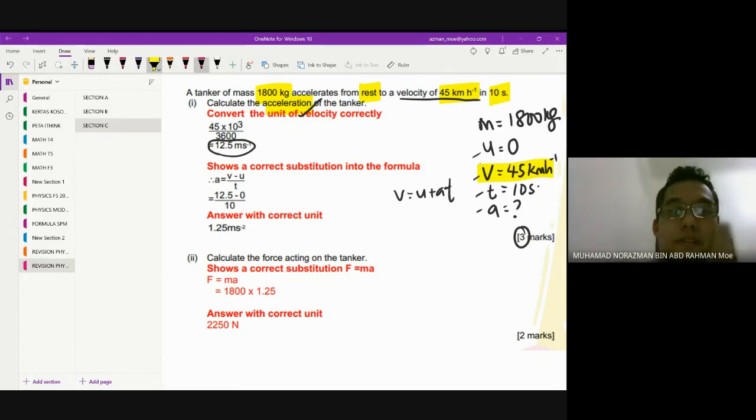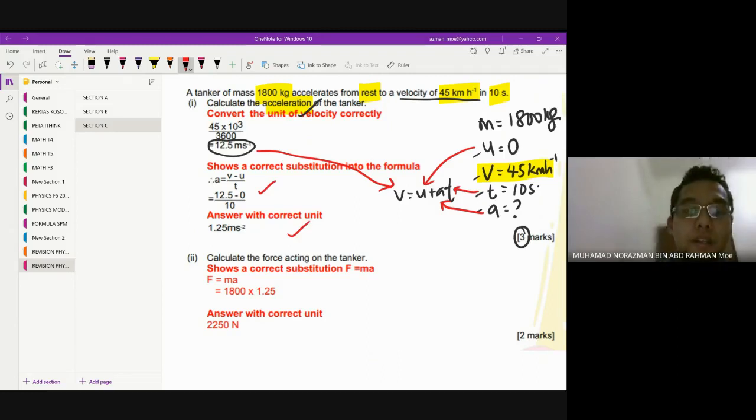Next, we know which formula to use, so we just substitute v, u, a, and t. Correct substitution, you get another 1 mark. And last, your final answer with the correct unit, which is meter per second square.